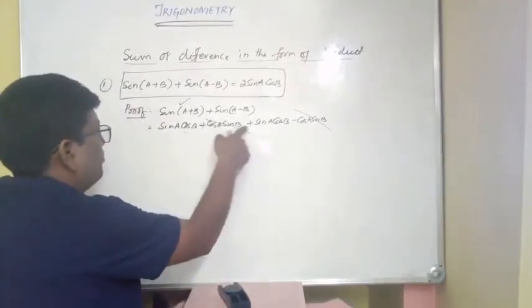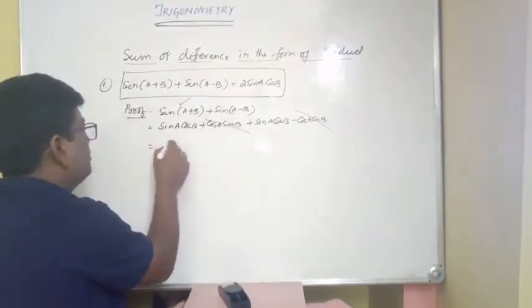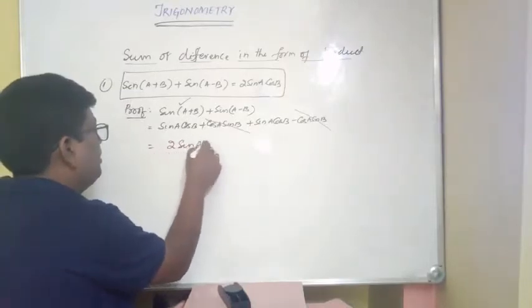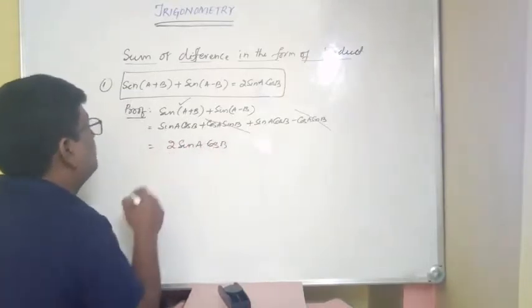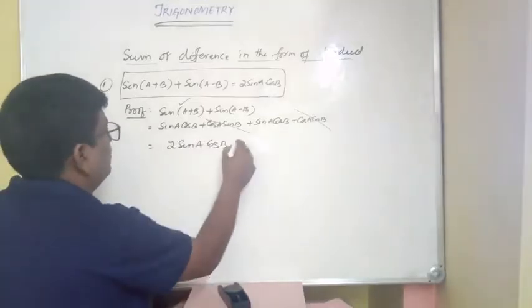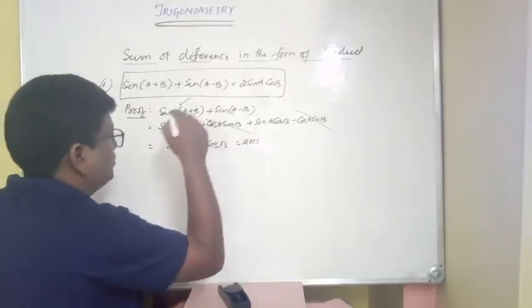Sin A cos B plus sin A cos B is equal to 2 sin A into cos B. Therefore RHS. So the formula is proved.